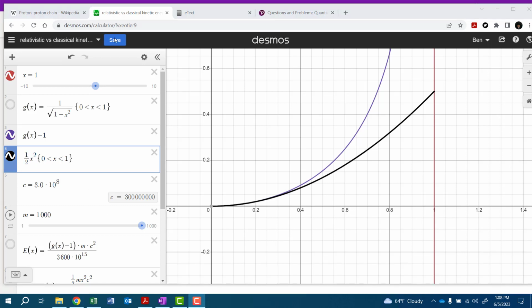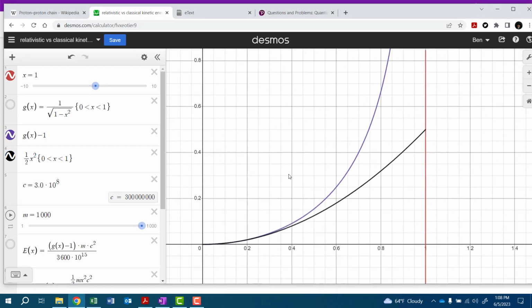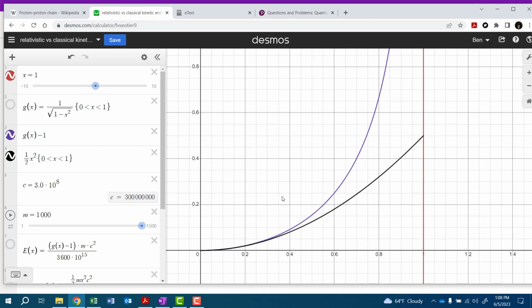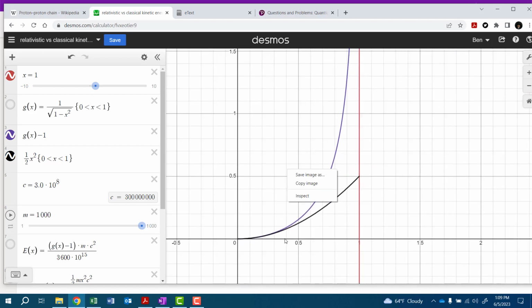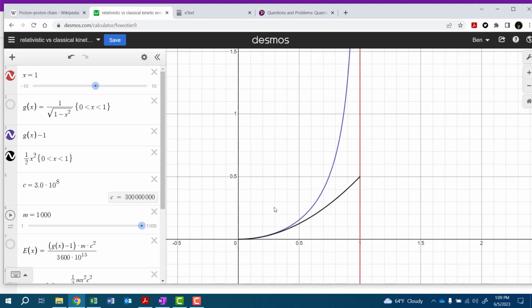And you can see that gamma minus 1 only significantly diverges from 1/2 mv squared when we get to, it looks like 30 or 40% the speed of light, right about here or here.